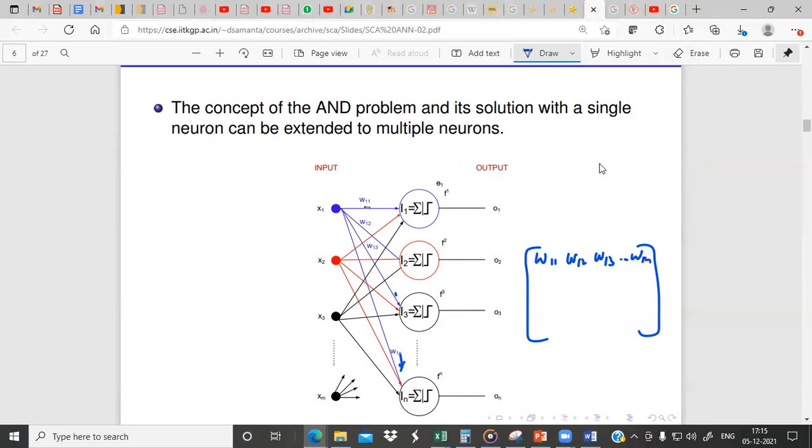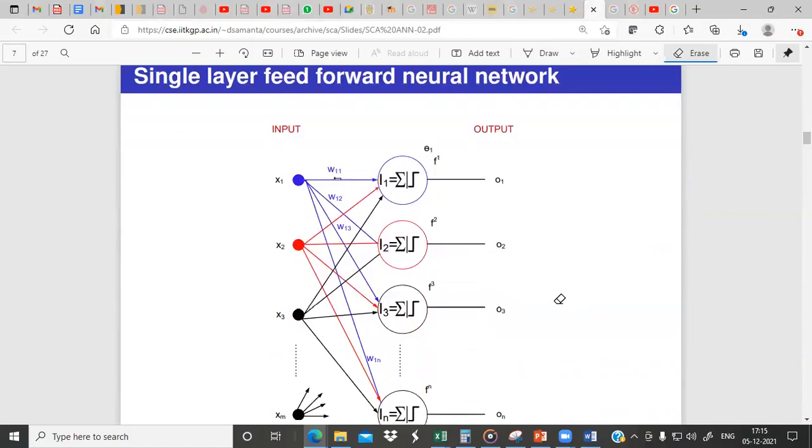Similarly, the weights of the second input: W21, W22, W23, and so on up to W2n. This continues. Similarly, for the last input: WM1, WM2, WM3, and so on up to WMN. So the point is this weight can be represented as a matrix.